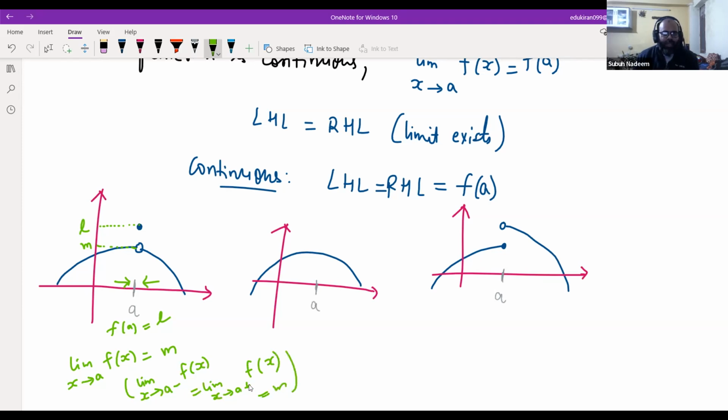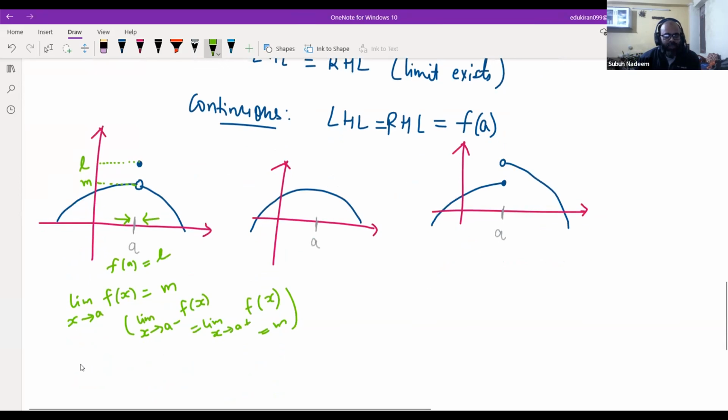So limit exists here, but the value of the function at A is not same as the limit. So what is happening here is that the left hand limit and the right hand limit are equal, so the limit exists, but is not equal to the value of the function at that point. In other words, you have to lift the pen.